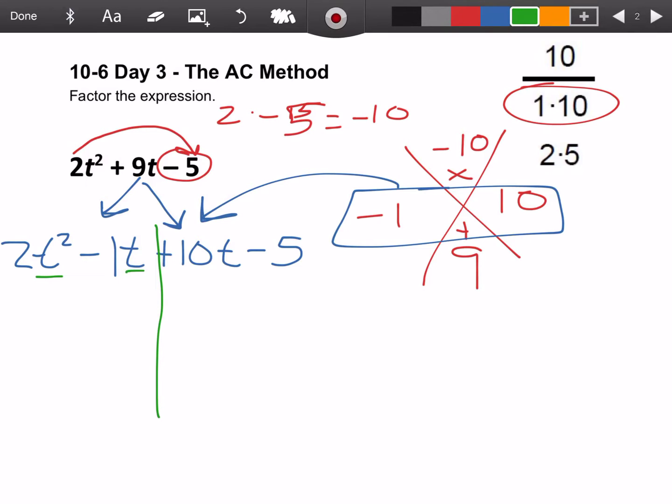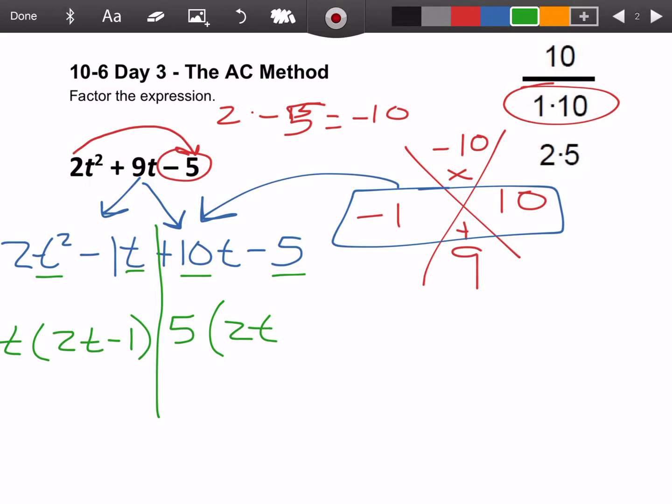Then I split this up and factor out what I can from each side. On the left hand side I can only factor out a t. So this is going to be t, and what's left is going to be 2t minus 1. And then on this side we're going to factor out a 5, since 10 and 5 both have a factor of 5.